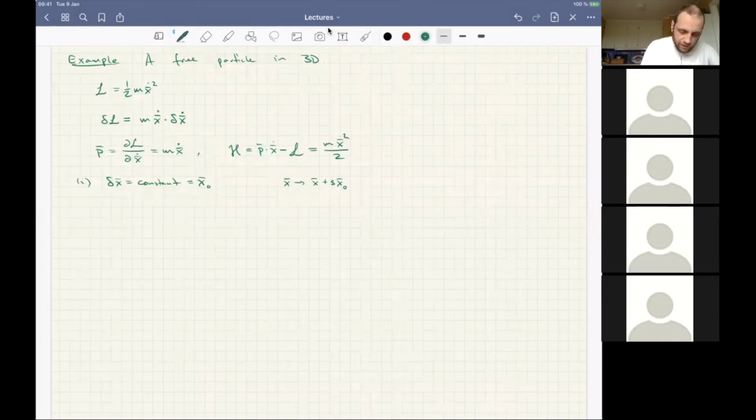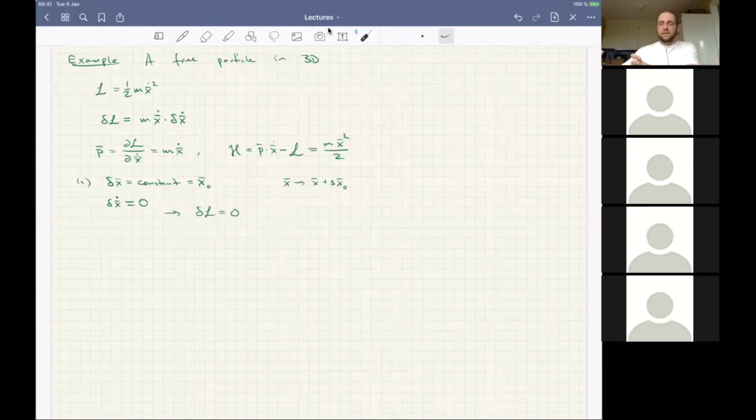So it also means that the change in the time derivative of x is 0, because the derivative of a constant is 0. And because of that, we have delta L equal to 0, because delta L depended on delta x dot. So this means that translations are a symmetry of the system.